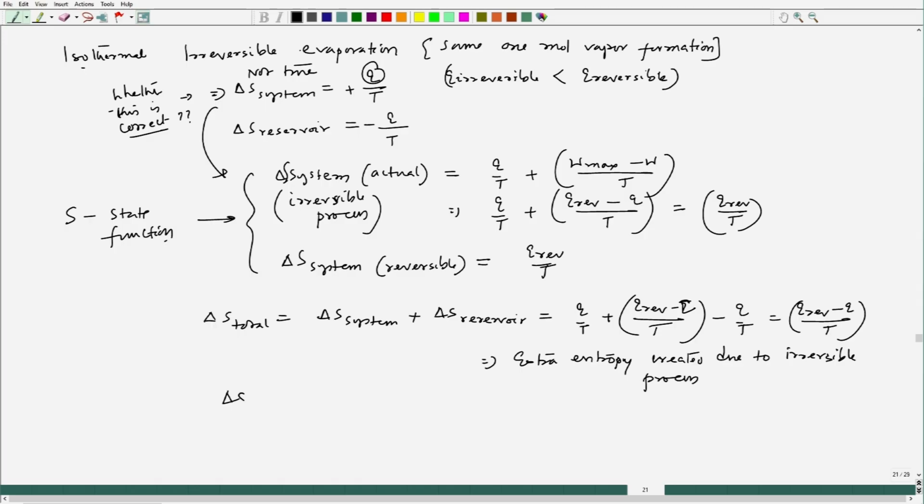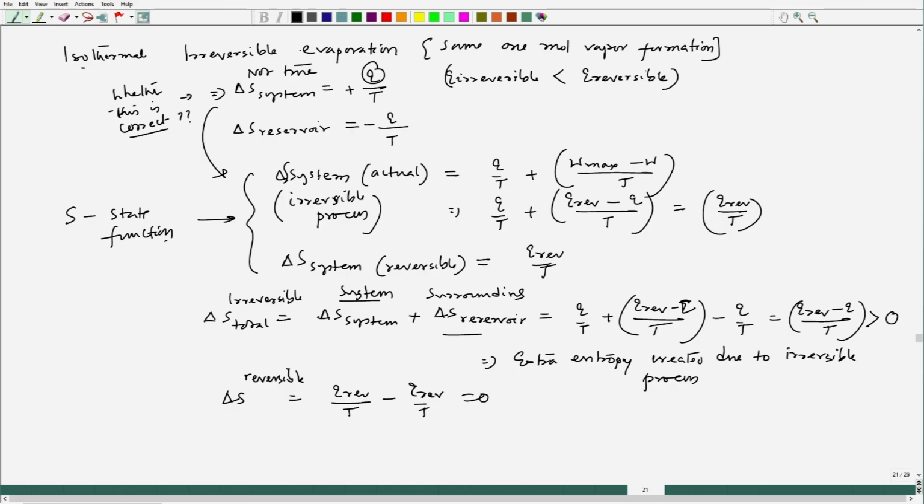Now, what was del S total? This is irreversible. What was reversible? We saw that it was Q reversible by T minus Q reversible by T equal to 0. So, that means this extra entropy created, and this quantity you see is always then greater than 0. So, during an irreversible process, if we try to consider the total entropy, I can take it as a surrounding, I can take it as a system.